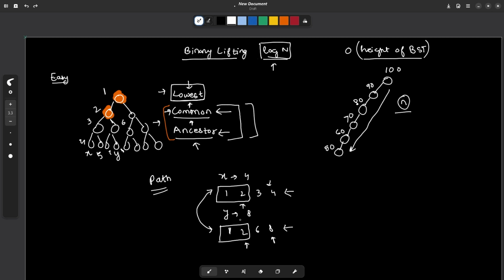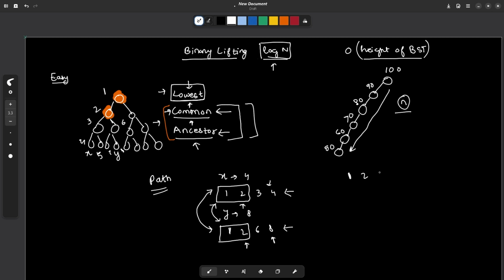But for now, you know that if you know the path, then you will be able to find the lowest common ancestor, because the lowest common ancestor will be nothing but just the node which is common among them. How? You will take the common ancestors among them, or the common values among them starting from root to that particular node, and the last among those common values is the lowest common ancestor.